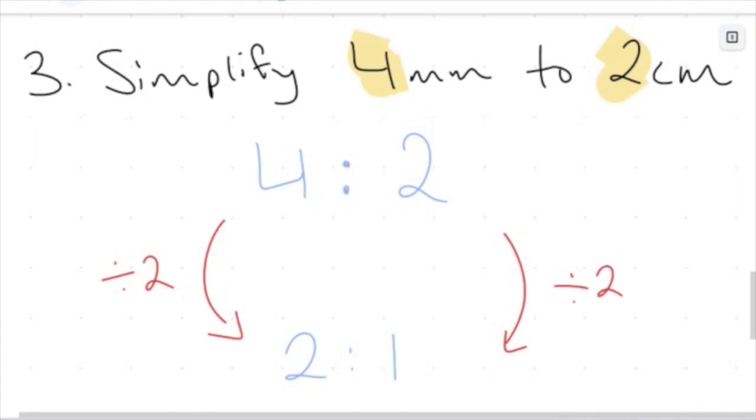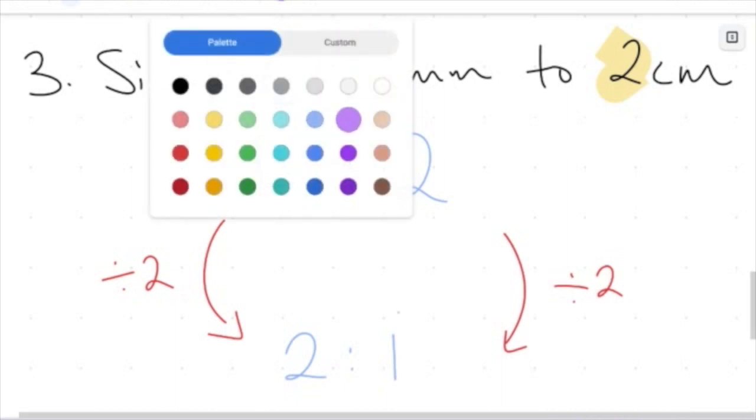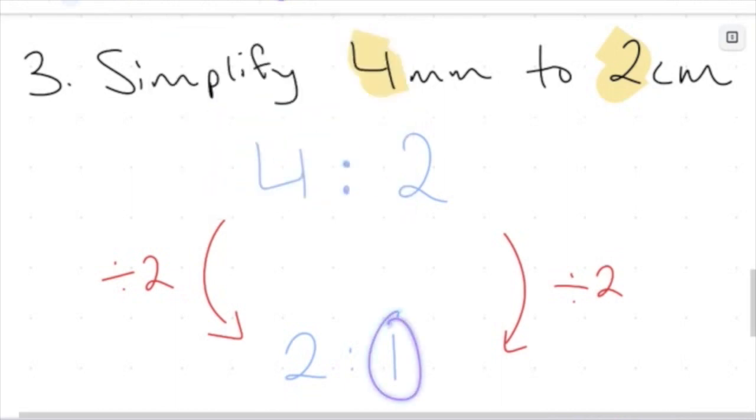But this mistake that I've made says that for each centimeter, I have 2 millimeters, and a millimeter is a smaller unit than a centimeter.